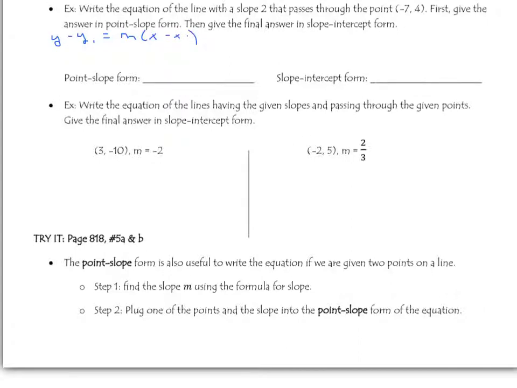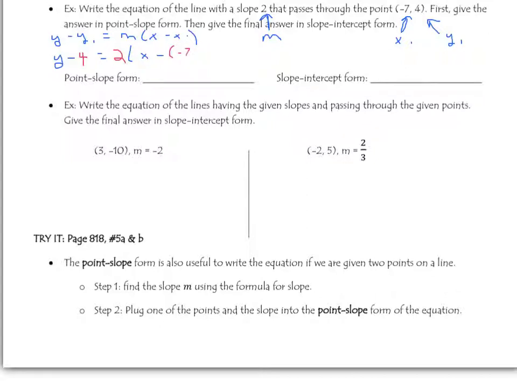So we need to know that m is 2, x1 is negative 7, and y1 is 4. So all we have to do is plug that in, y minus y1, which is 4, equals m, which is 2, times x minus x1, which is negative 7.